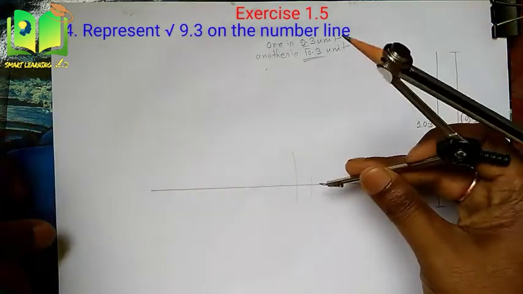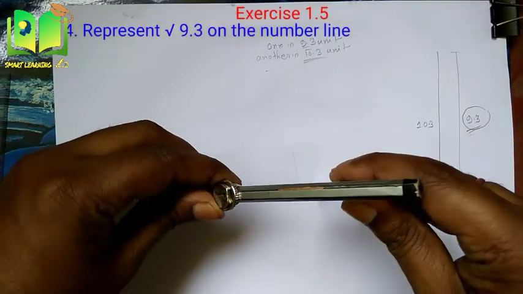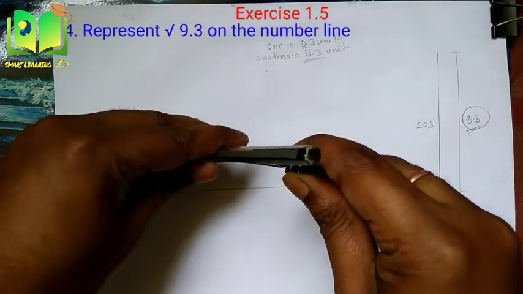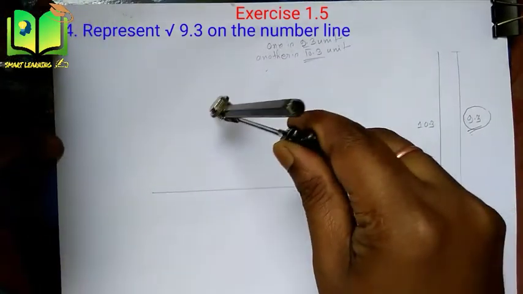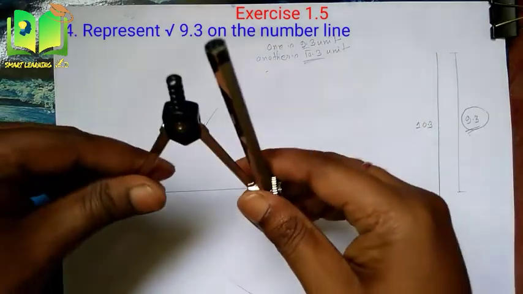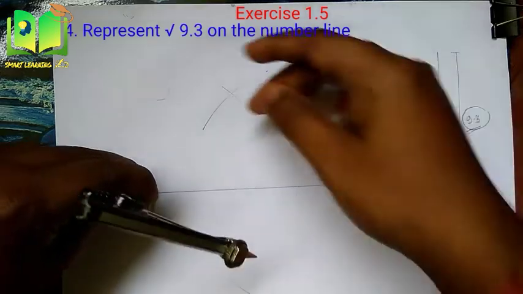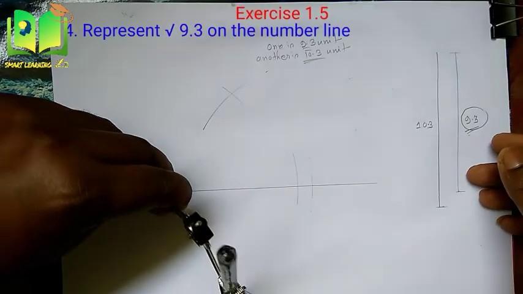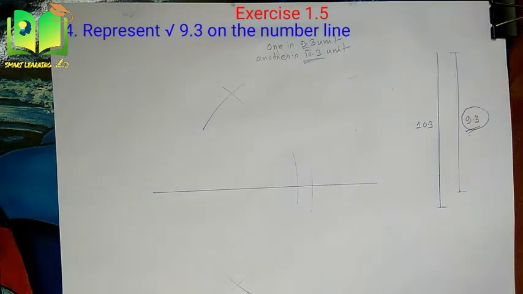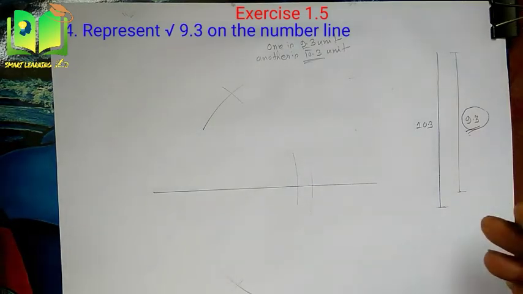Now I am going to bisect this 10.3 here, and you know the bisection rule. Okay, now I am going to join.